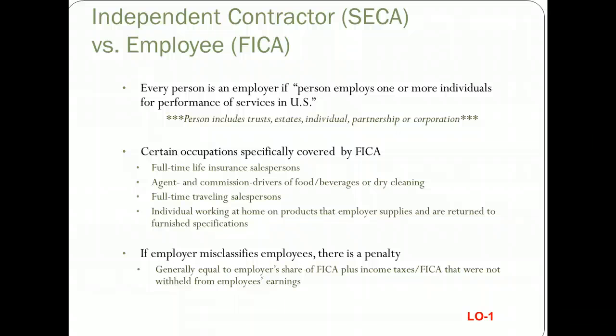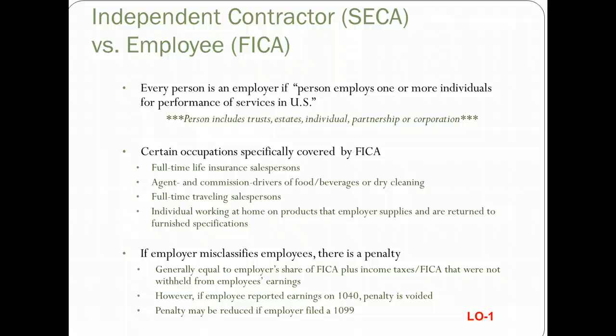The penalty is generally equal to the employer's share of the FICA, plus the income taxes and FICA that were not withheld from the employee's earnings because you were treating them as an independent contractor and not an employee. However, if the employee reported their earnings on their tax return, then the penalty is voided. And the penalty can be reduced if the employer filed a 1099.